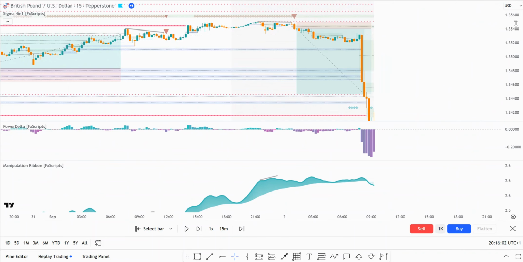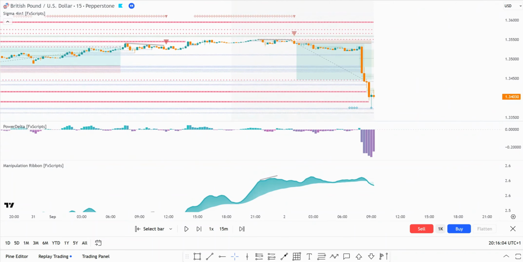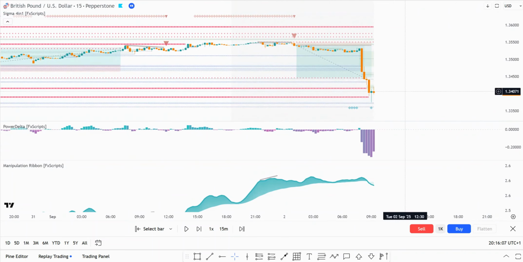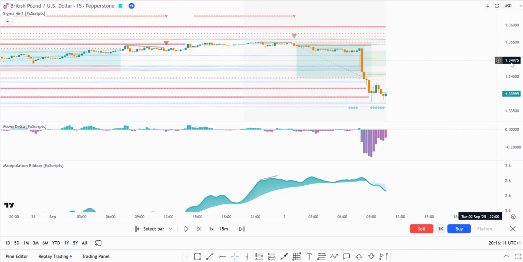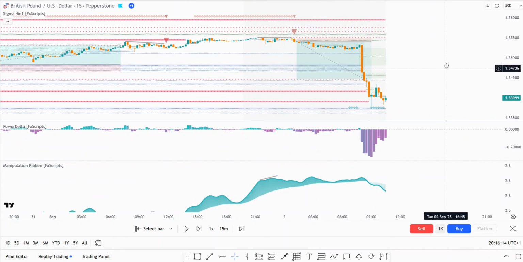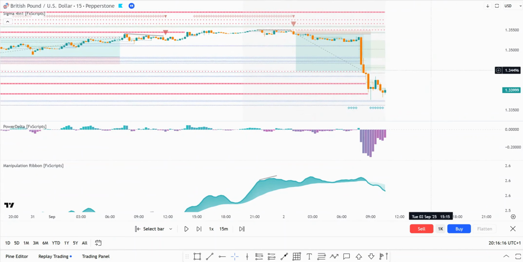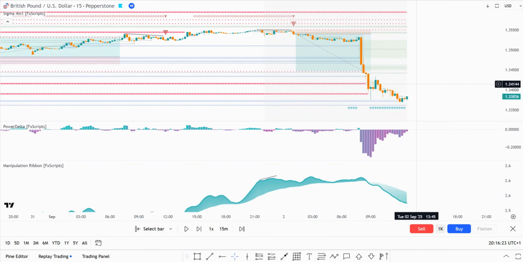You can see it's ripping to the downside here. There's another reversal print starting to come in here. What else can you see? You can also see that daily liquidity, 2 levels in fact, have been swept. So there's a good chance of a reversal here. Let's see what happens.